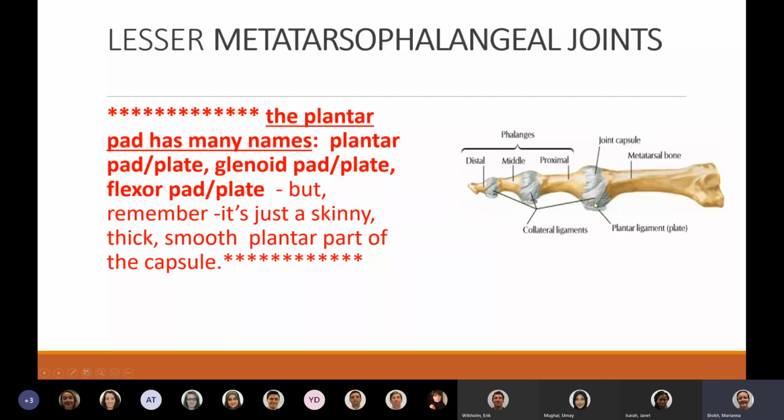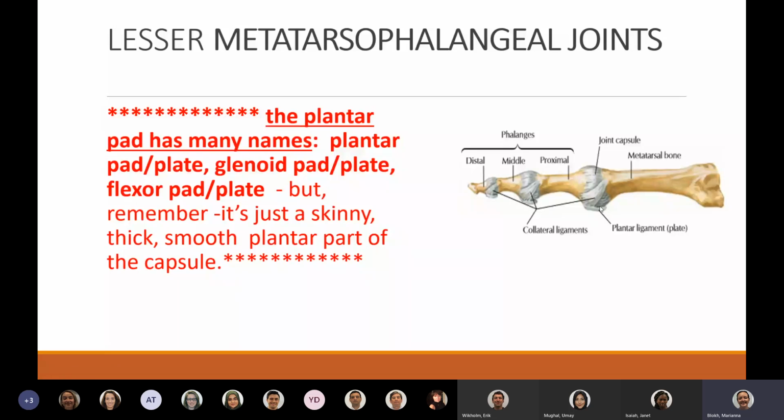More or less, it's this little pad on the bottom of the joint. You could have it also plantarly in the interphalangeal joint, but we like to discuss it as far as stabilization of the metatarsophalangeal joint. Plantar plate, glenoid pad, flexor pad, all of these are the same thing. They play a very important role in stabilization of the metatarsophalangeal joint.